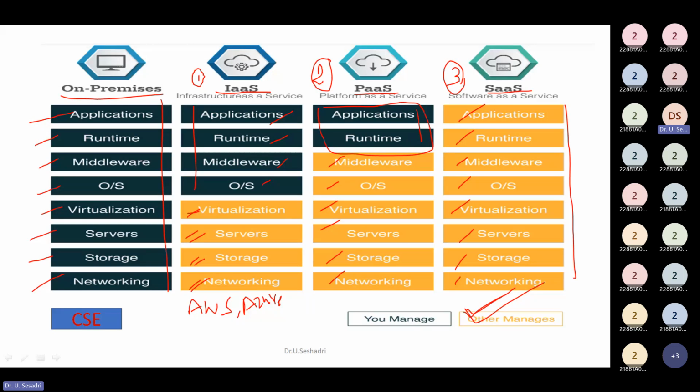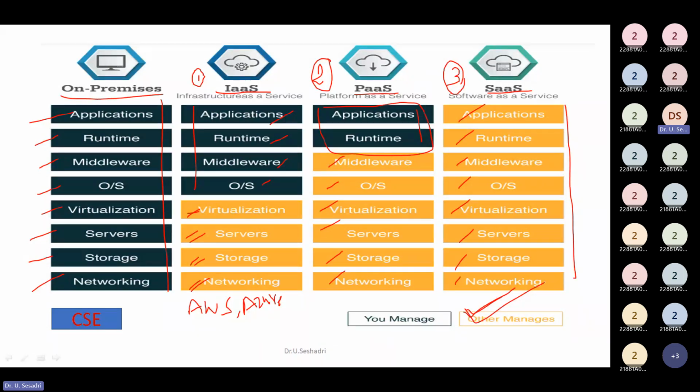You are not thinking about what networking is used, how much storage is used, or which server is used to develop the application. You are just using the service. That's why the college pays money yearly for using this Teams app. That is nothing but software as a service.